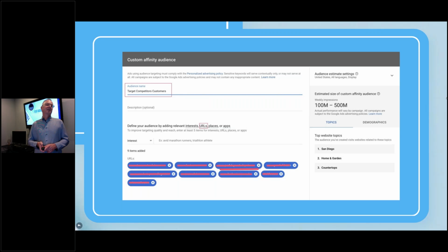The customer that we're working for on this campaign is in San Diego and they sell countertops. So we're showing their ads to the people that are visiting their competitors' websites. Okay, that one's pretty straightforward.